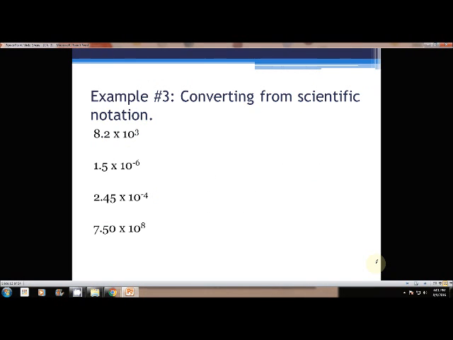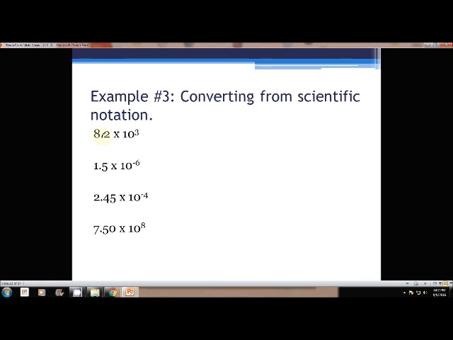Alright. Let's try. Example 3. We have scientific notation. We're going to change it to be a regular number. So we have 8.2 times 10 to the third for our first. Well, it's a positive exponent, so that tells us we have to move our decimal to the right to make it larger. Okay, and it says I need to move it 3 times.